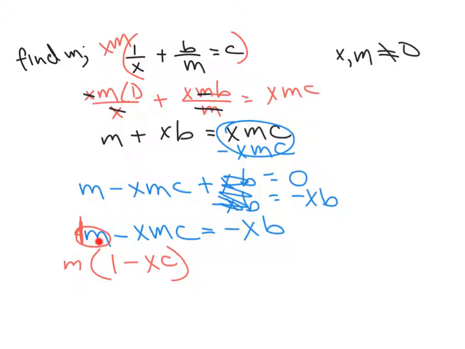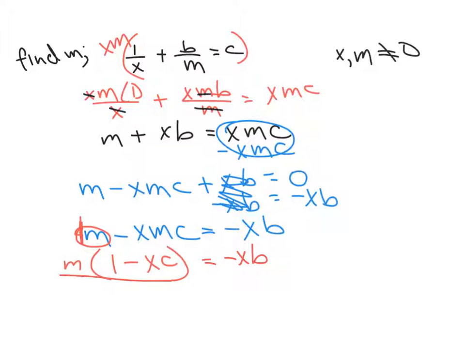So when that goes away, always keep a 1 there. Now when we multiply this back, m times 1 gives us our m back, m times xc gives us our xmc back. But if that 1 didn't exist, then when we tried to put the m back to make it look like this, this part would not be there. So don't forget to do that.